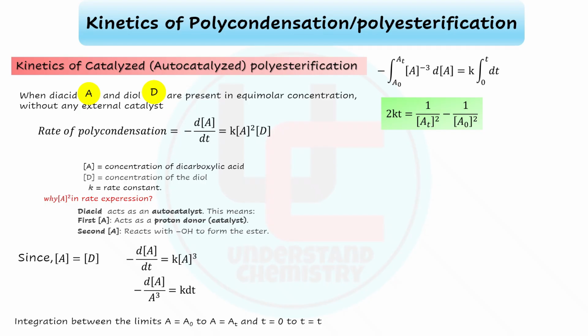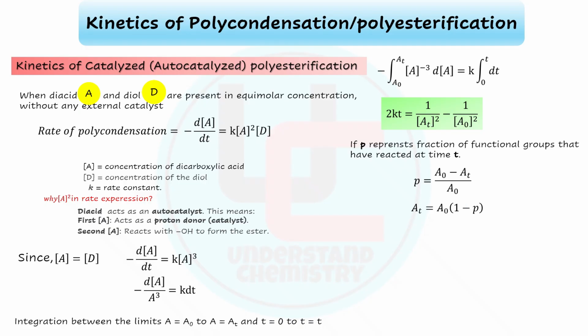Now let us see how to write this expression in terms of extent of reaction, P. If P represents the fraction of functional groups that have reacted at time t, then P mathematically can be written as shown. Simplifying this expression for At, we get At is equal to A naught into 1 minus P, where 1 minus P represents unreacted functional groups.